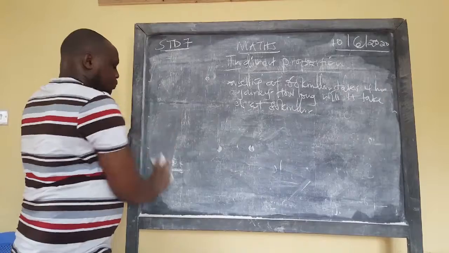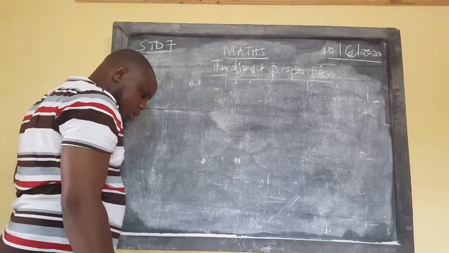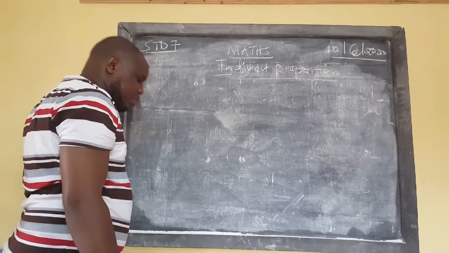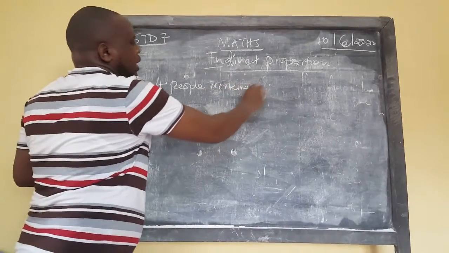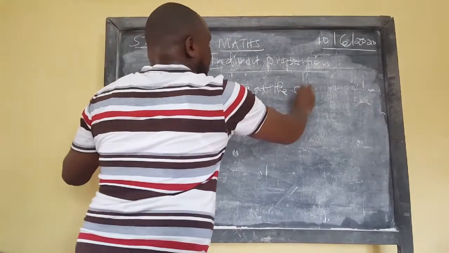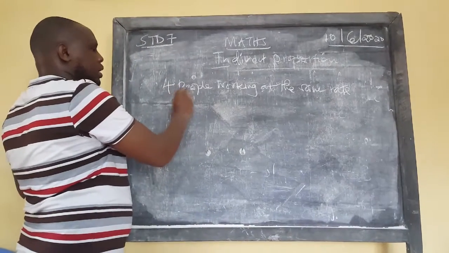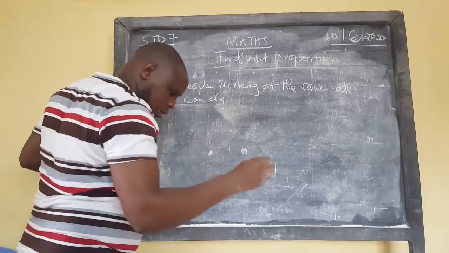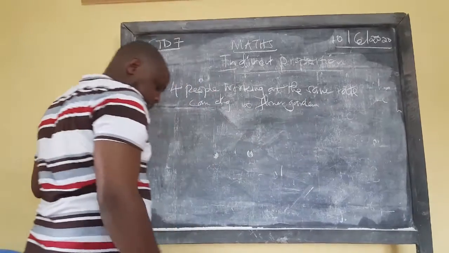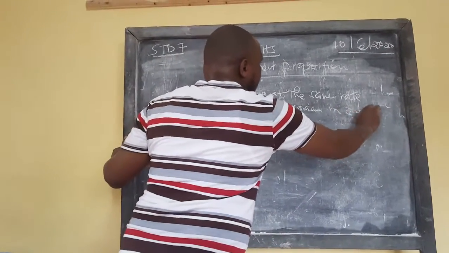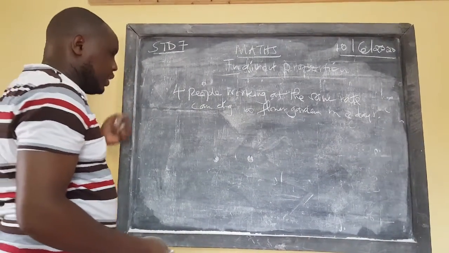Let me write another example. 4 people working at the same rate can dig a flower garden in 3 days. 4 men working at the same rate can dig a flower garden in 3 days.